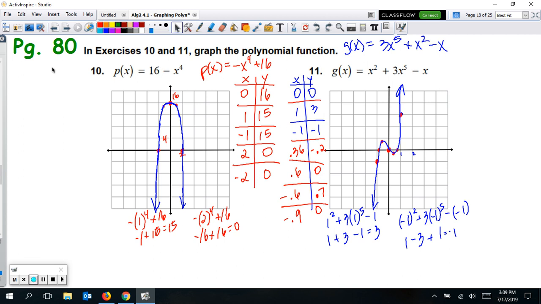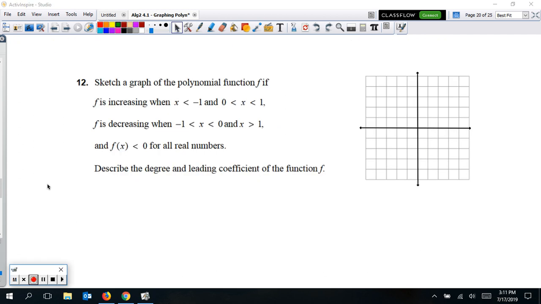We're going to do just one more, just number 12. We're going to skip 13, and then we should be done. Okay, so problem 12 says, sketch a graph of the polynomial function f if, and it gives you some behavior here, increasing and decreasing parts, which is kind of the behavior of the graph.